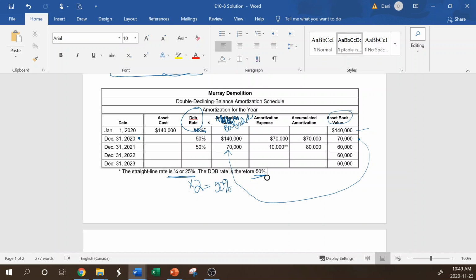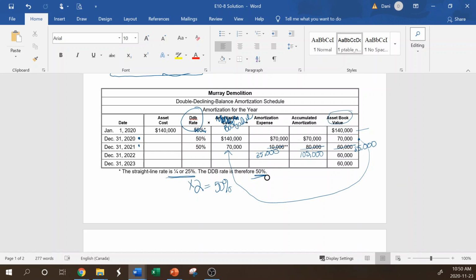So here it shows the adjustment. But if you said, well, in year 2, I need to take 50% times 70,000, you would get 35,000. But if you book that full amount, we're now at 105,000 for our accumulated amortization, which gets us only to a book value of 35,000.